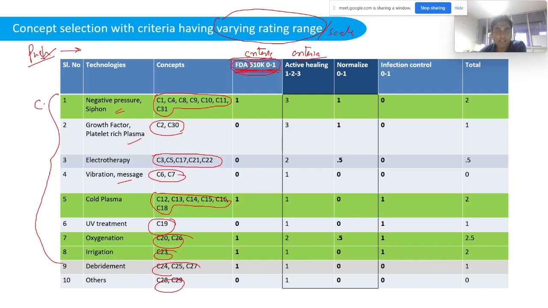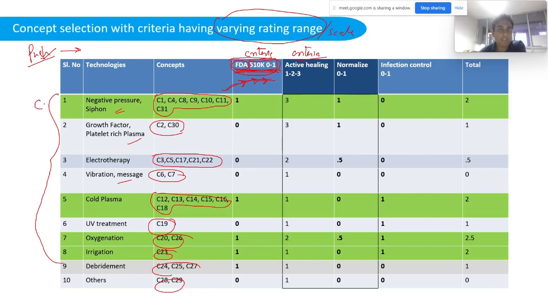If a particular technology has a predicate device, then there is an easier way to go for regulatory approval.